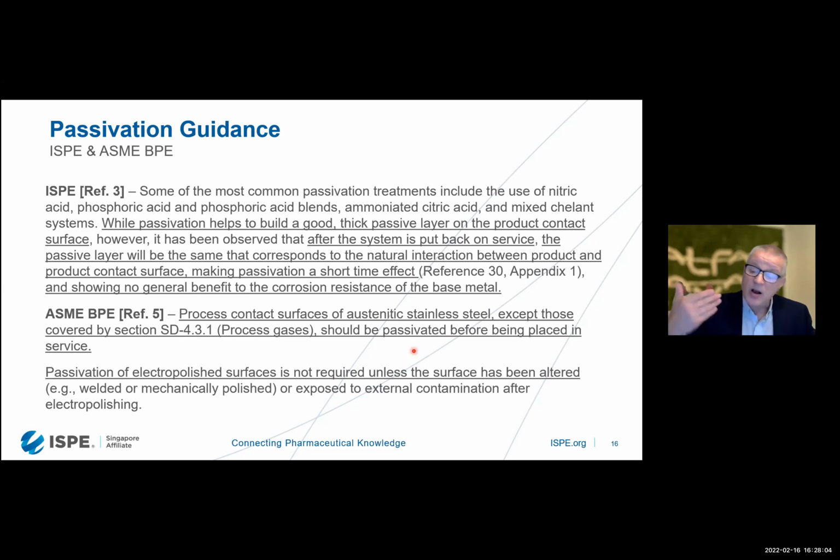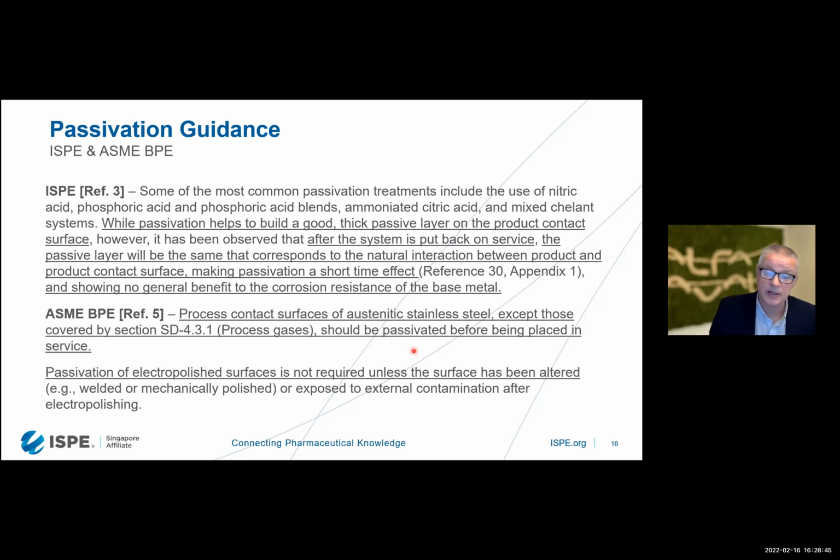So I would say it's not really necessary to do a repassivation, but to do a passivation after welding or polishing could be good, just to remove the contamination that you have on the surface. Because if you have contamination on the surface, you are not able to get the natural passivation, because this contamination will shield off the oxygen from the chromium in the steel to generate this chromium oxide. So secure you have a perfectly clean system, then the system will repassivate naturally. So no actual need to do a repassivation.